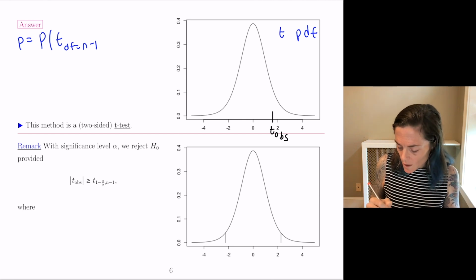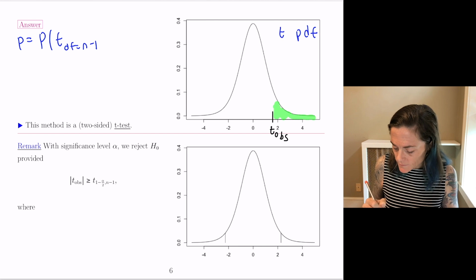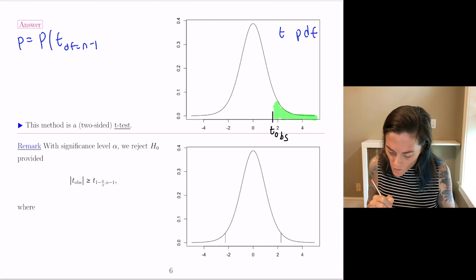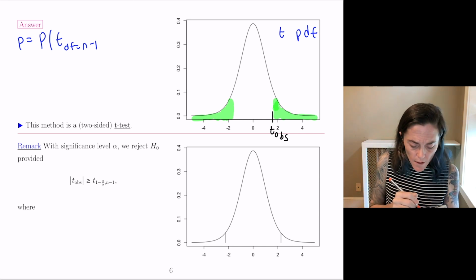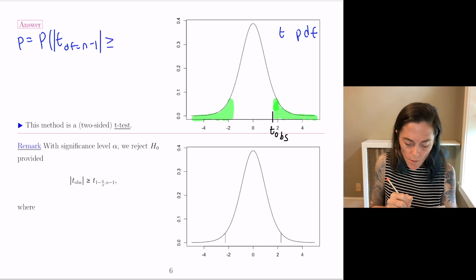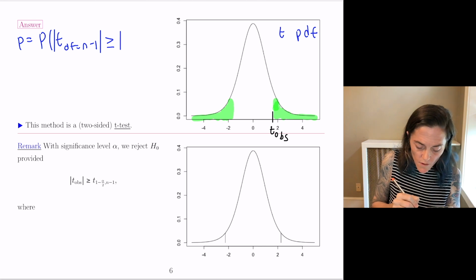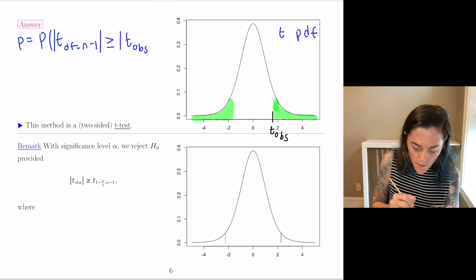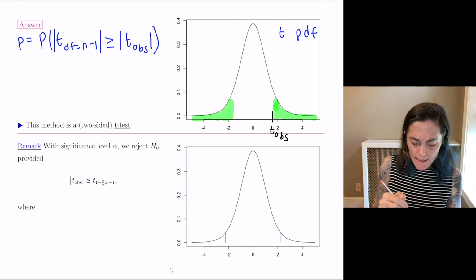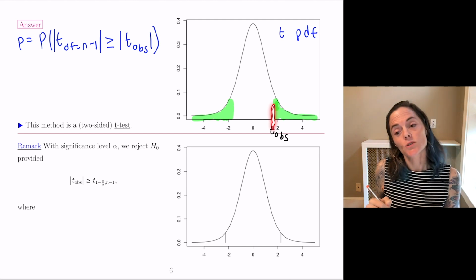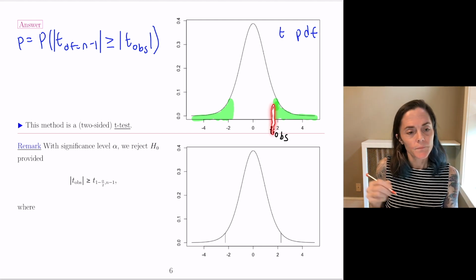This would be all of this, but then also all of here. At least this extreme, so I need absolute values here. So the probability that the absolute value of t is bigger than or equal to the absolute value of my observed t. This is my p-value. It gives us the probability that we see a t-statistic at least as extreme as the one we observed.